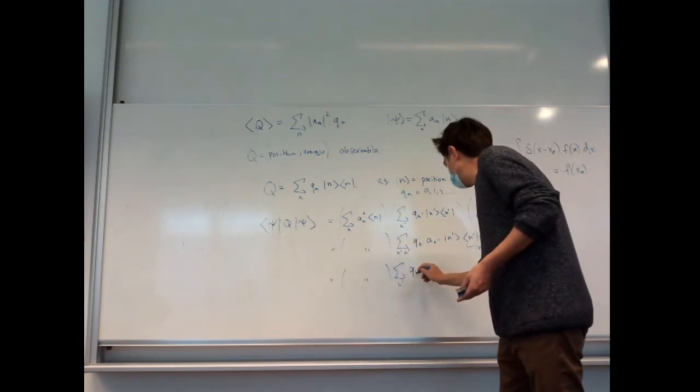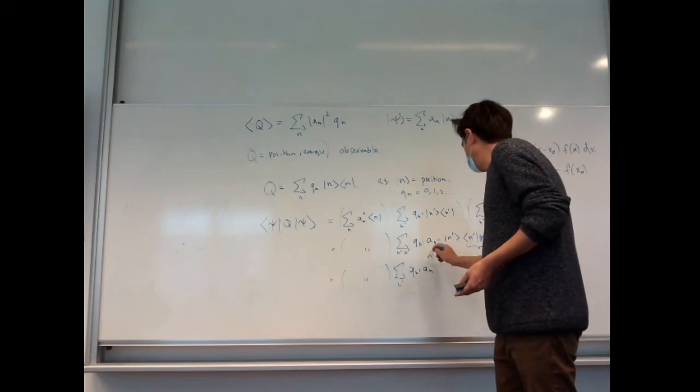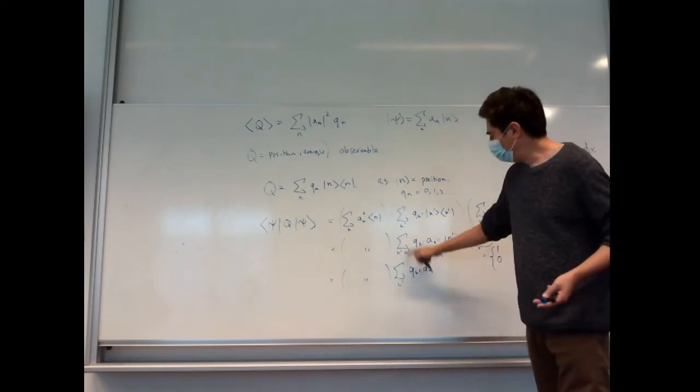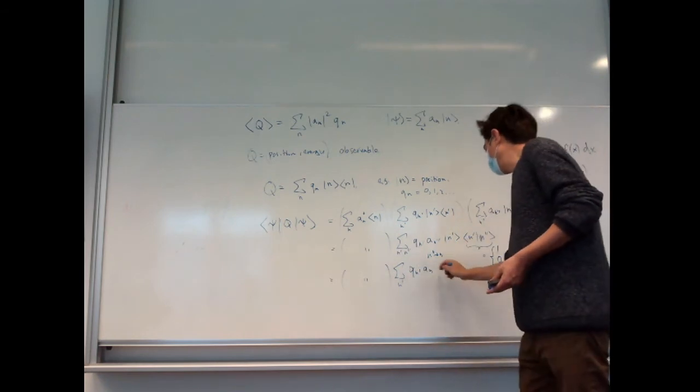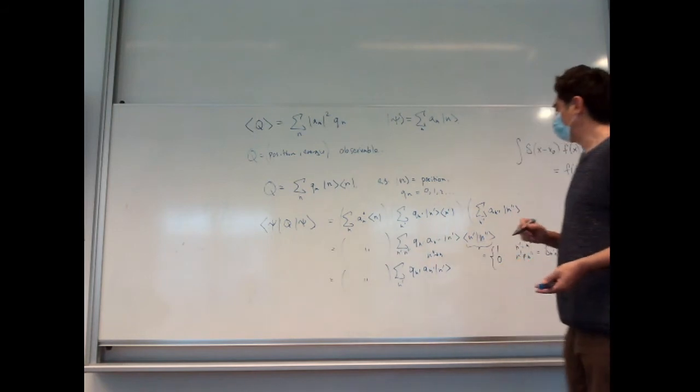So then just replace all the n double primes with n primes and remove one of the summations. Then it's equal to that.